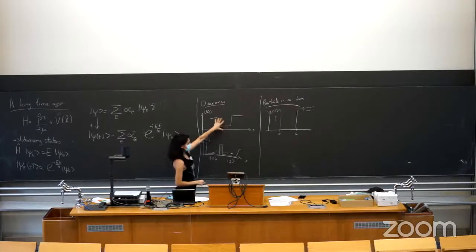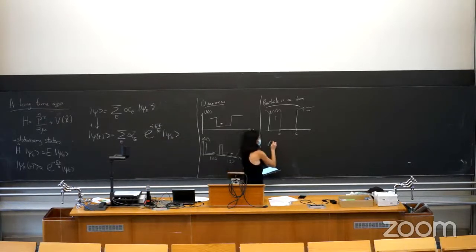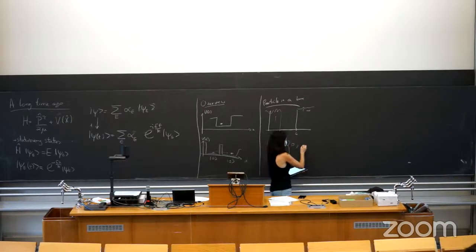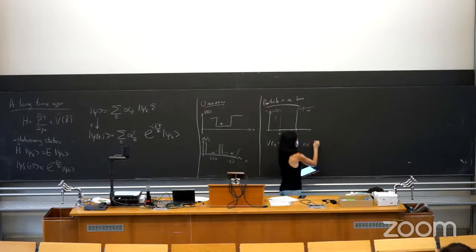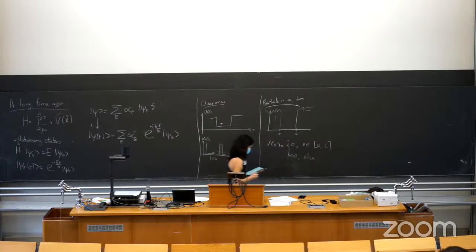Good, so let's do it. Our V of x is going to be 0 if x is in this region and infinite otherwise. Now, again, this is totally unreasonable, not just because it's infinity here, but because it's such an abrupt change.